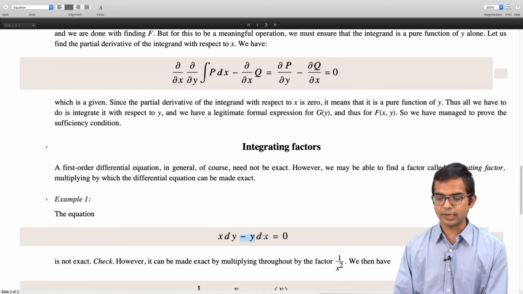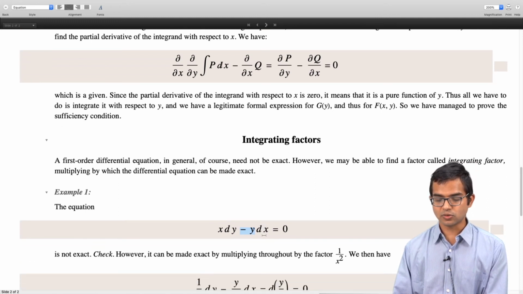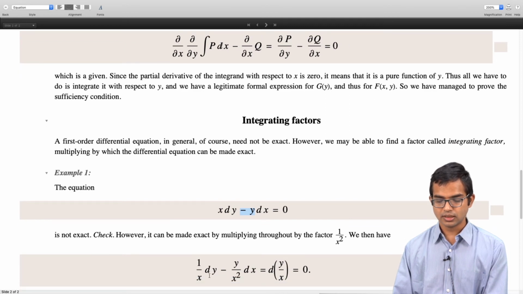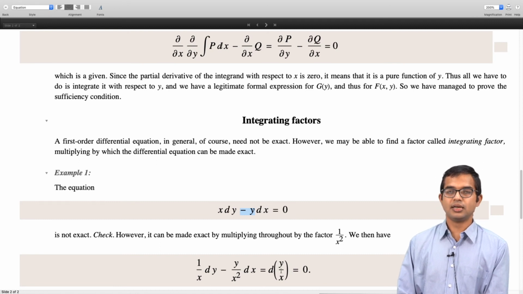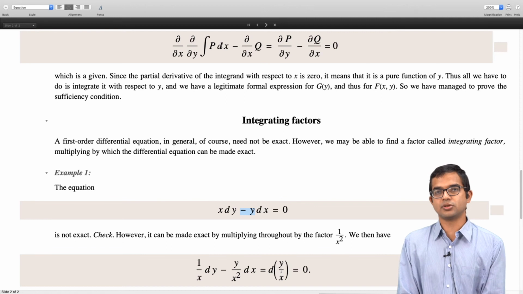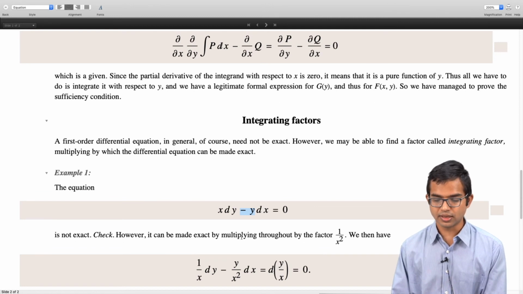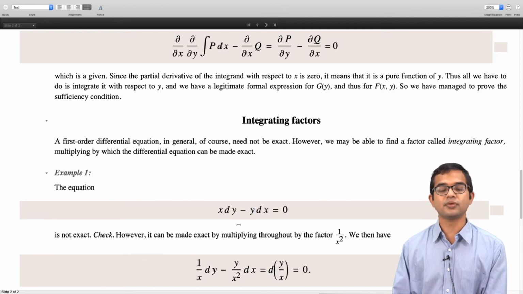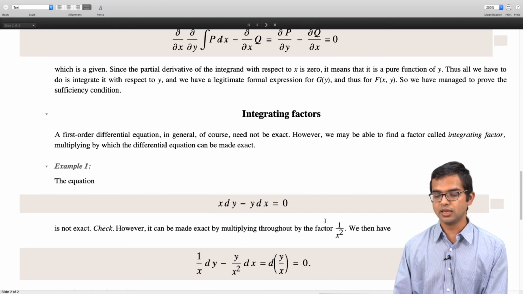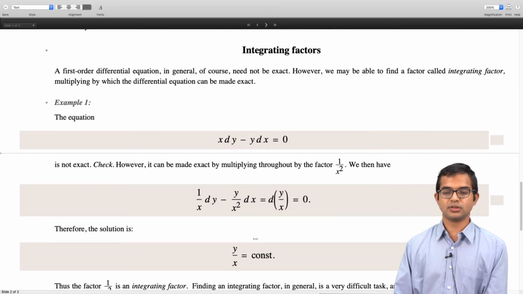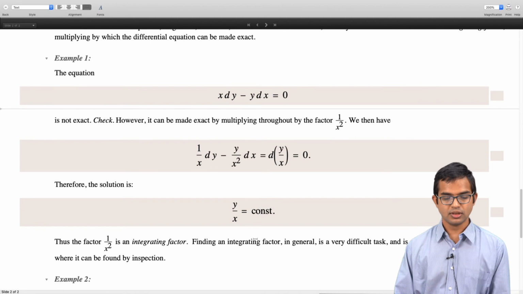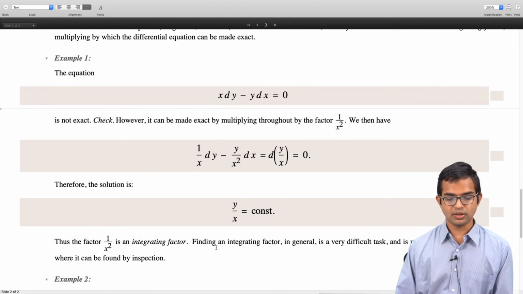But on the other hand, if you multiply throughout by 1 over x squared, it's going to become (1/x) dy minus (y/x²) dx, and you can explicitly write this down as the derivative of y/x, and this is equal to 0. So now you have managed to convert an inexact differential equation into an exact differential equation by multiplying by the factor 1 over x squared, right? Therefore the solution immediately follows. The factor 1 over x squared is called the integrating factor.